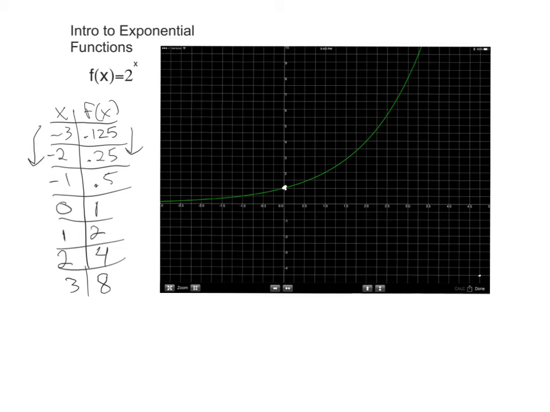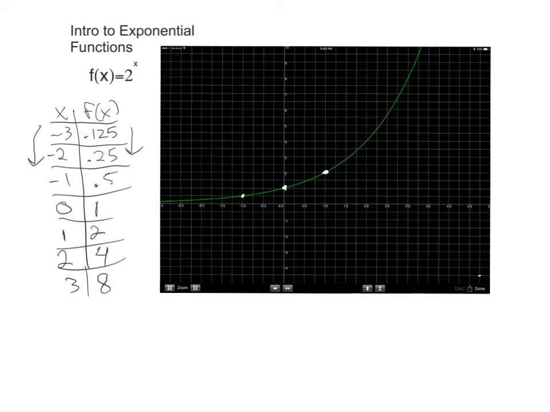If we graph that, that's the height of the dot I made in white right there. Then (1, 2): if we go over 1, up 2, we get this point right here.